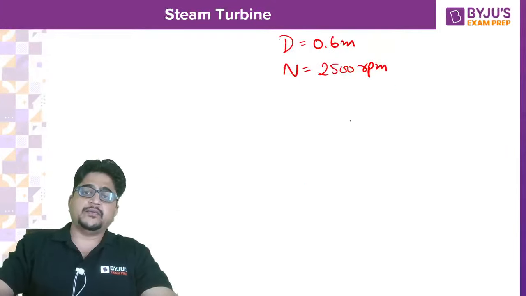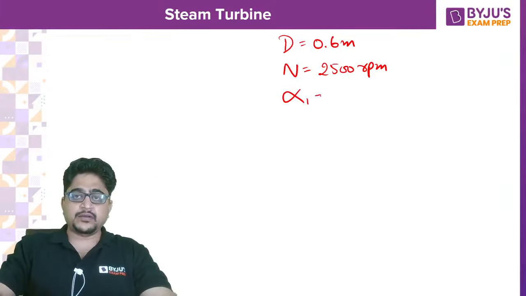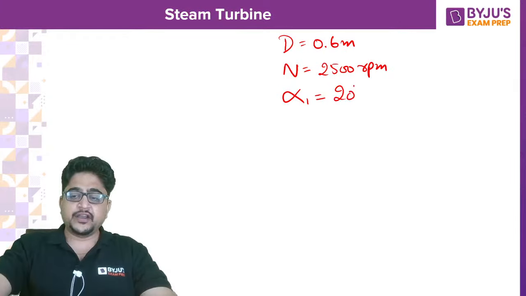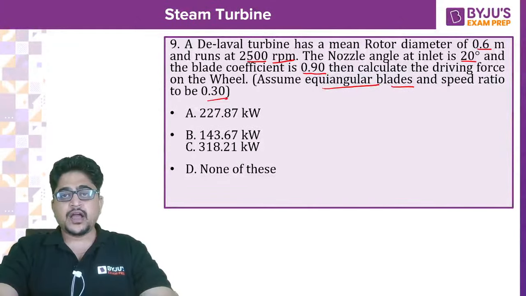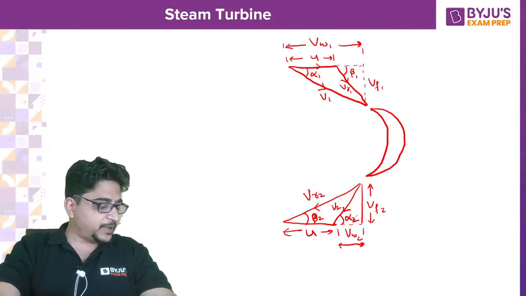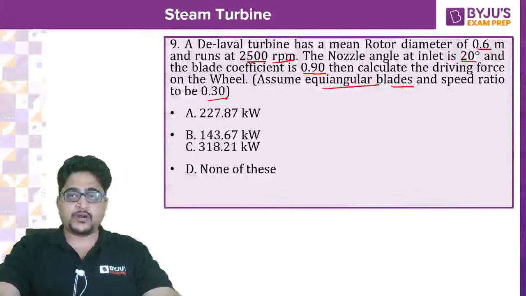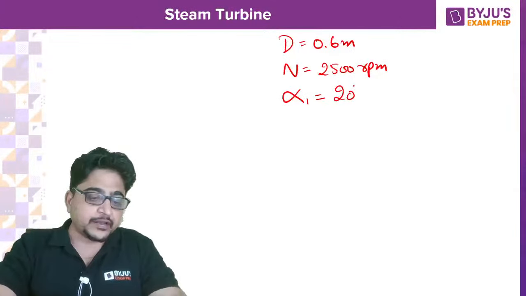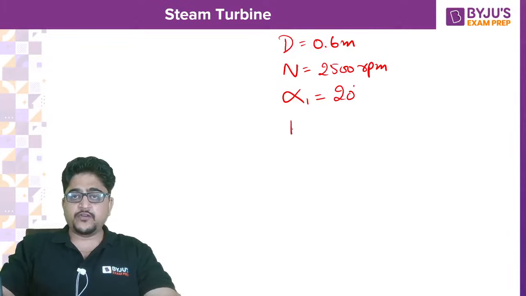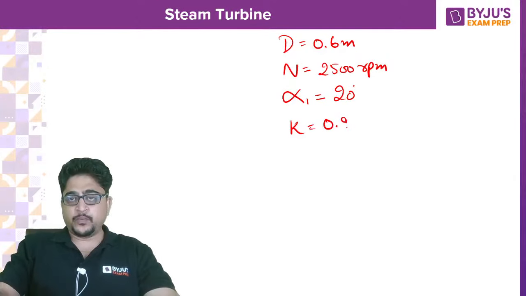Nozzle inlet angle, that is alpha 1, is given as 20 degrees. And the blade coefficient, the value of K, is given as 0.9.